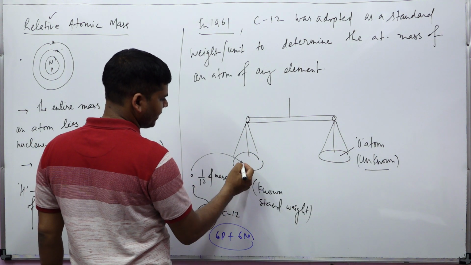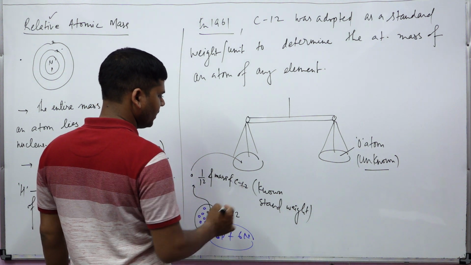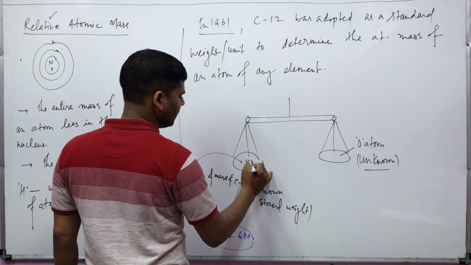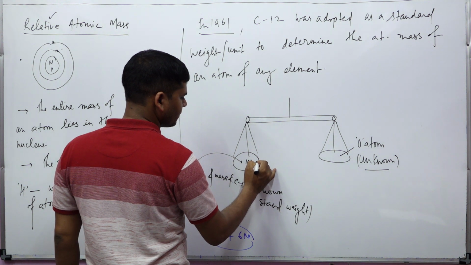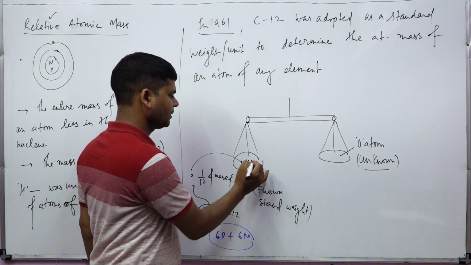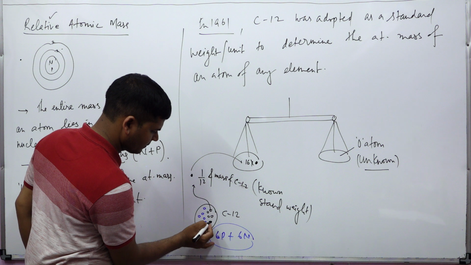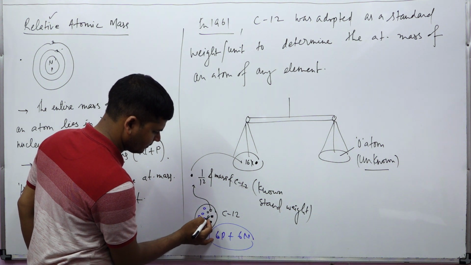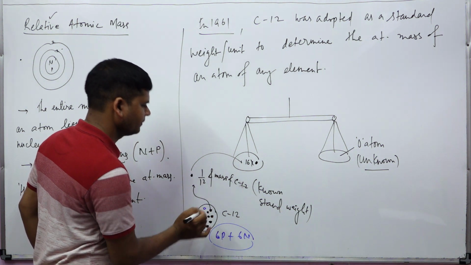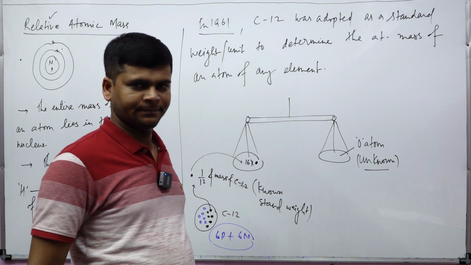So I may put it here, and how many may I require? I may require 16 of this unit. This is the unit which I have taken. What does it mean now?